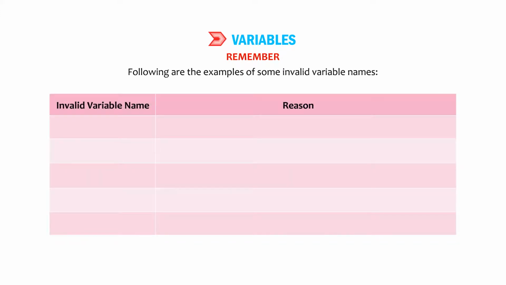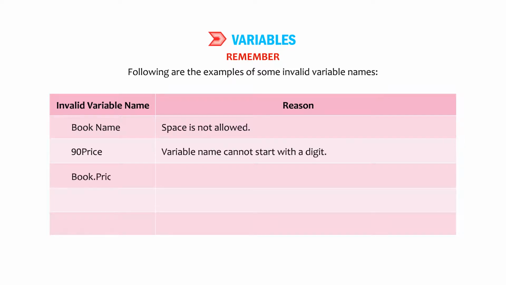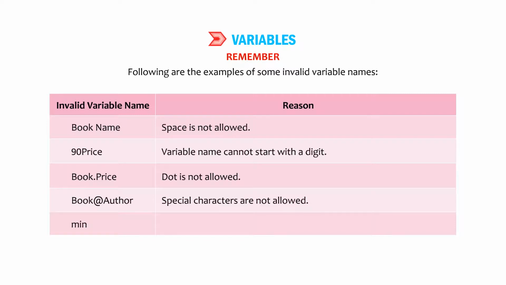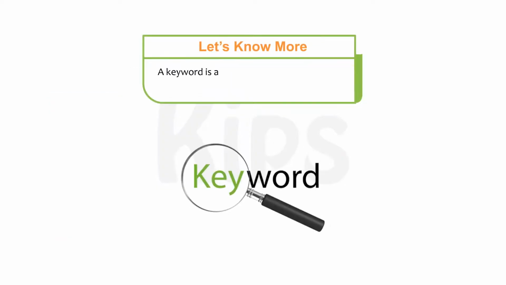Invalid variable name: book name, reason: space is not allowed. 90price: variable name cannot start with a digit. Book.price: dot is not allowed. Book@author: special characters are not allowed. Min: min is a keyword in Python, so it cannot be used as a variable name. Okay, let's know more. A keyword is a word that conveys a special meaning to the compiler.